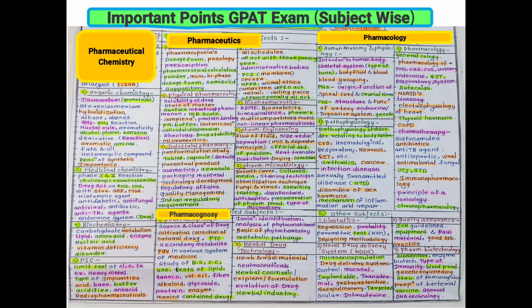So this exam will ask many types of questions, that is drug acting on central nervous system, drug acting on cardiovascular system, drug acting on GIT, respiratory system, NSAID, etc.